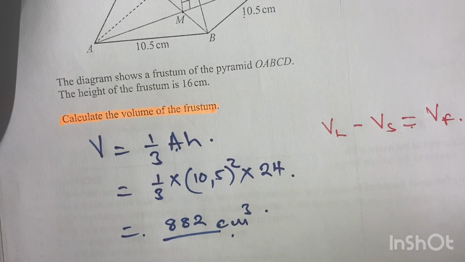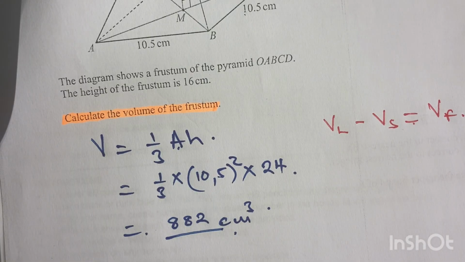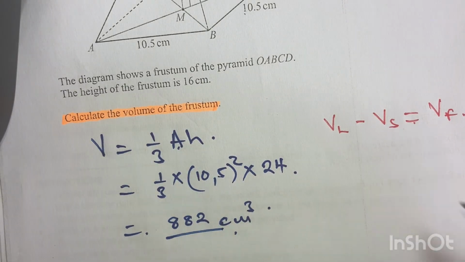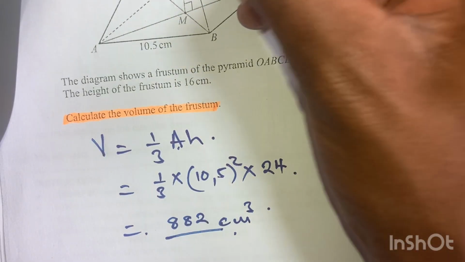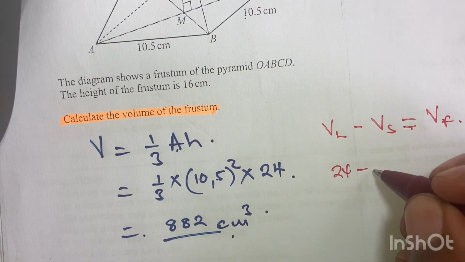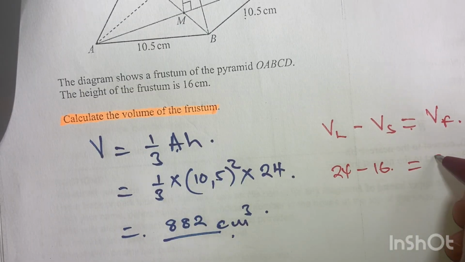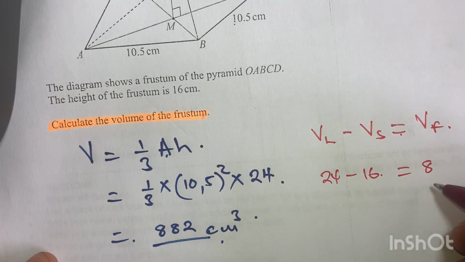But then the volume of the smaller pyramid, we can use the scale factor. Suppose that we are using the heights. The main height of the whole thing is 24. So we can say 24 subtract 16 to give us 8. So the smaller pyramid has a height of 8 centimeters.